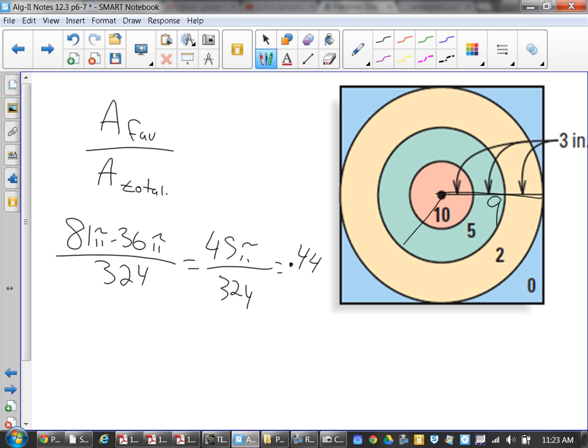And that's if there's no possible way you're going to throw the dart off the board. It's if you hit it on the board. You're going to hit something.